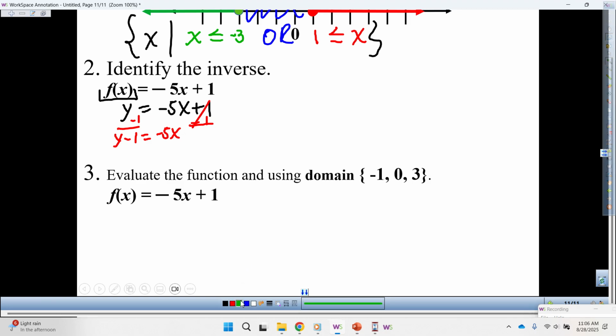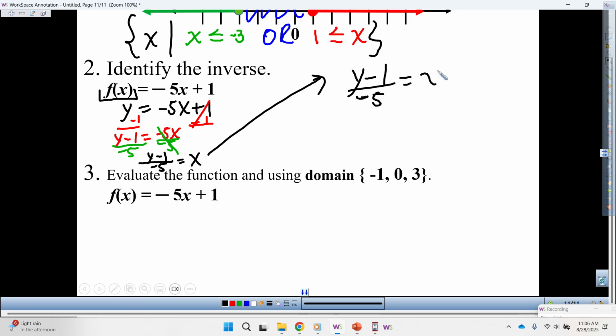Continue. Divide by -5. We're left with y minus 1 over -5 equals x. Let me bring it over here. y minus 1 over -5 equals x. Pass someone.